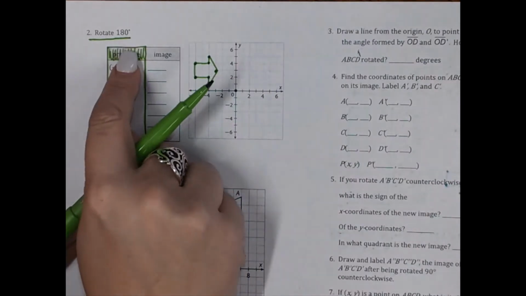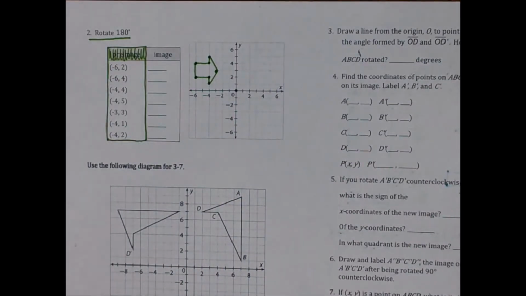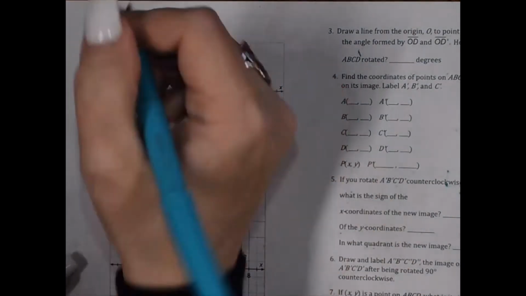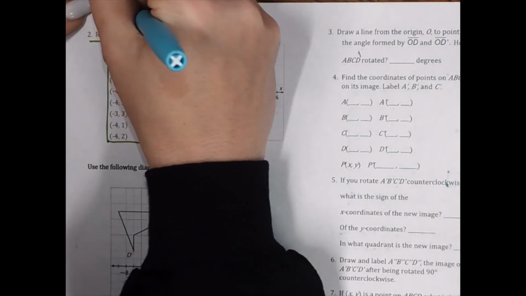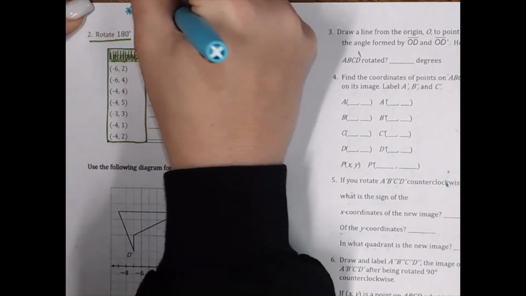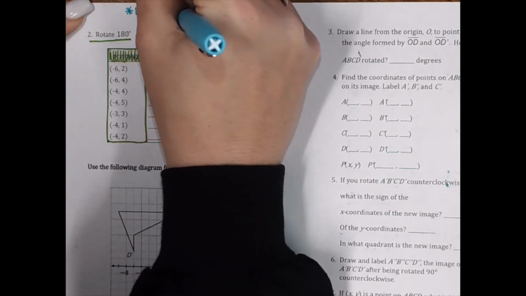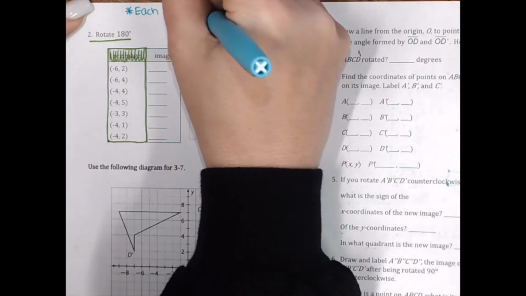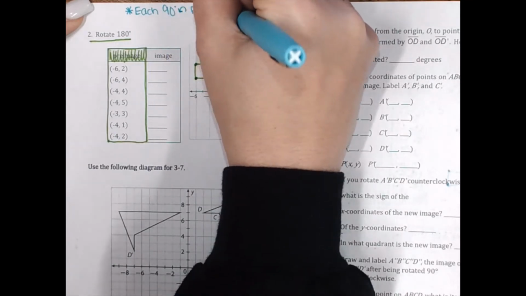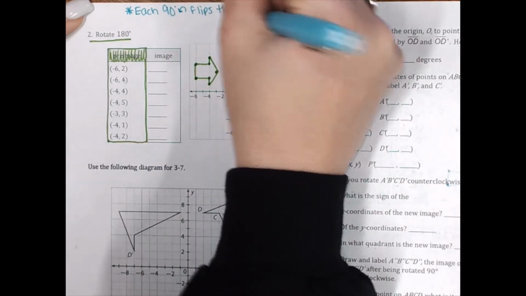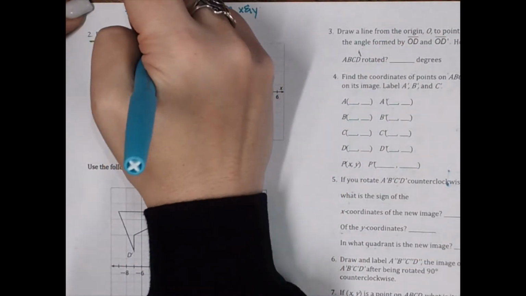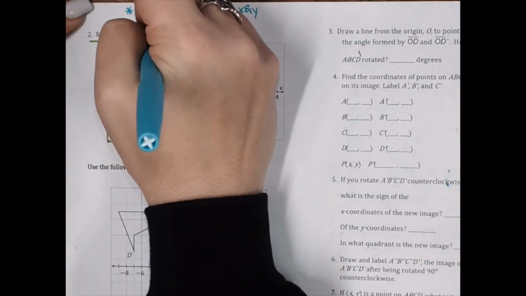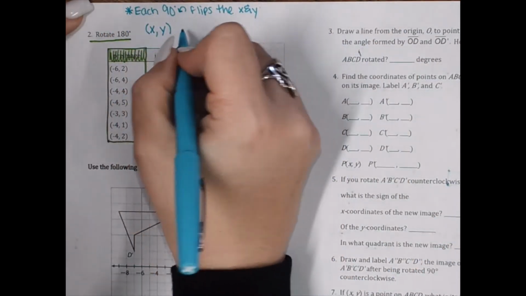All right, so rotating 180 degrees. We know that each 90-degree rotation flips the X and Y. If we started off with generic X and Y, that's our original.